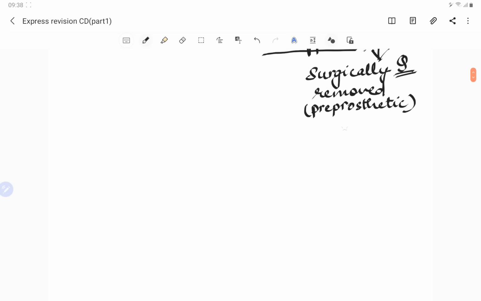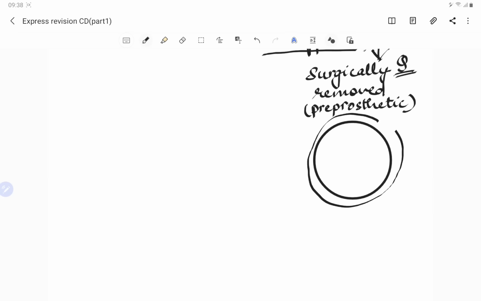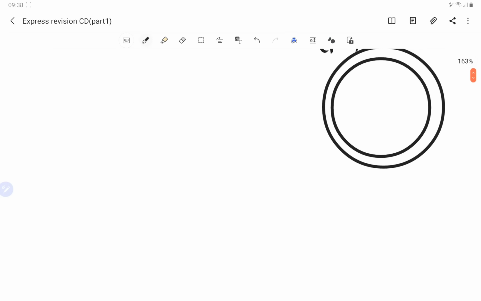And if we talk about how the tori looks, there is going to be cancellous bone which is surrounded by very thin cortical bone.